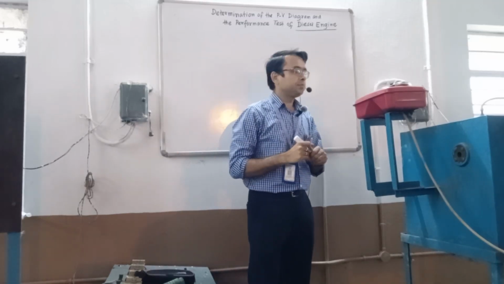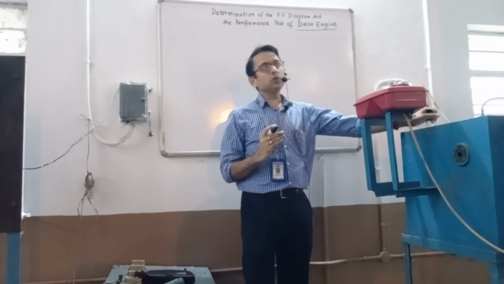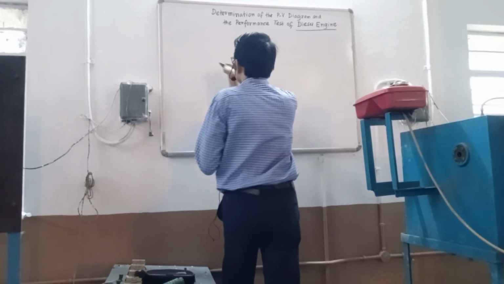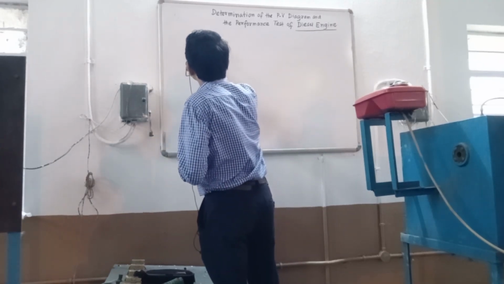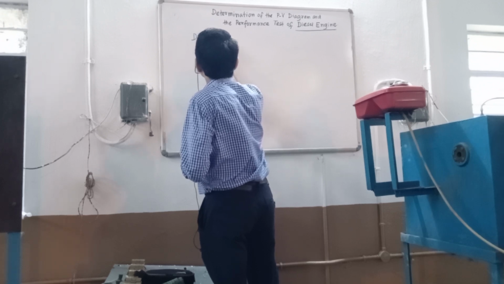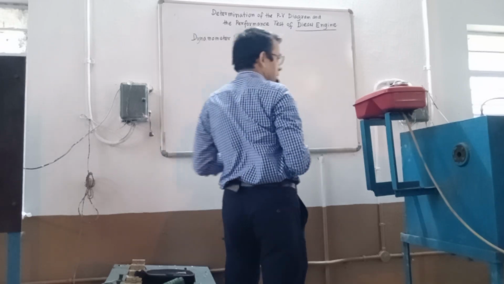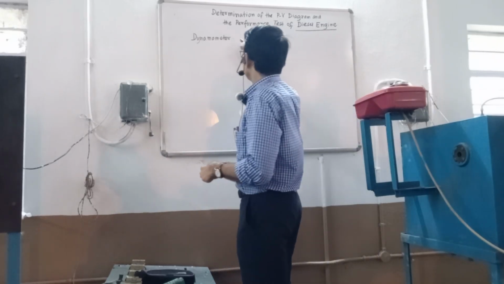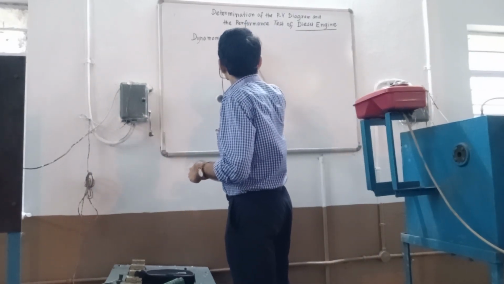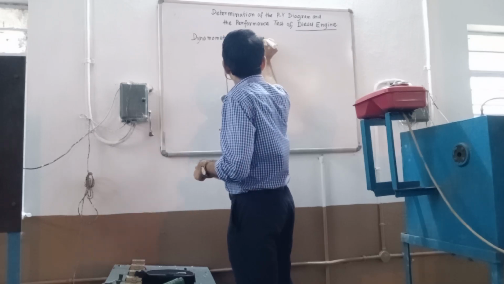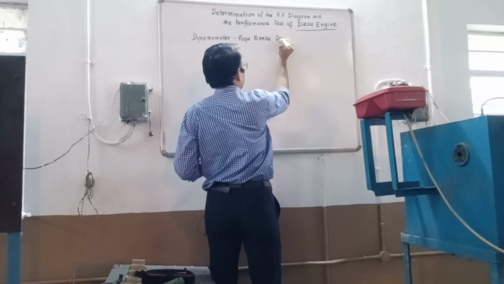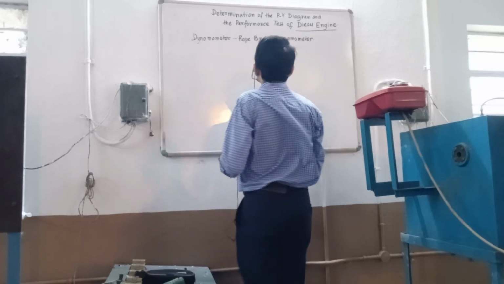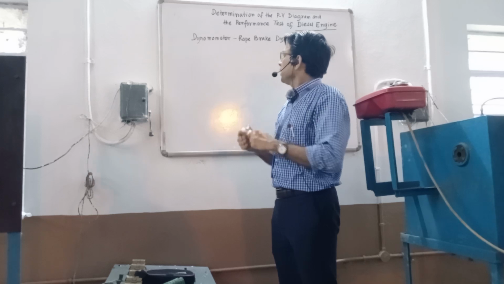Okay, now for applying the load we will use a mechanical dynamometer, that is called a dynamometer. The dynamometer that we are using is called a rope brake dynamometer. So here you see the rope brake.